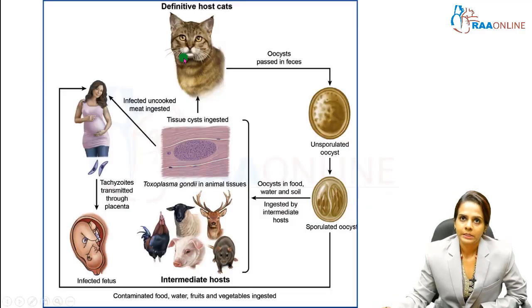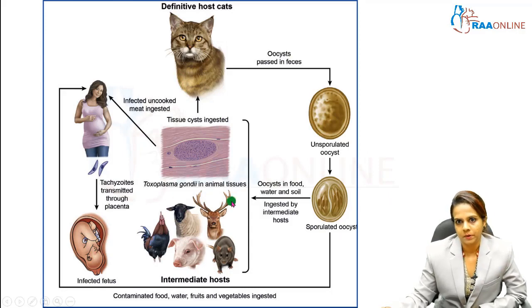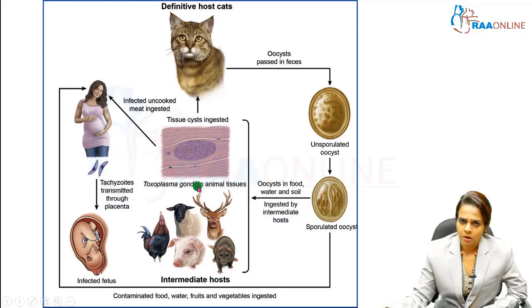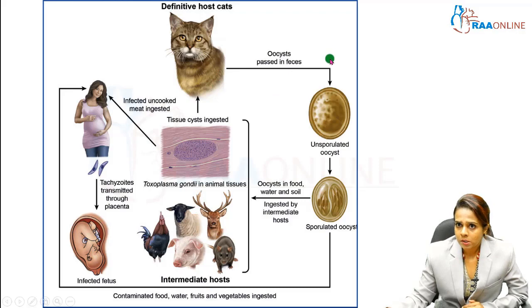Here is a picture showing the life cycle of Toxoplasma gondii. The cats are the definitive host, and man and mammals are the intermediate hosts. The oocysts are passed in the feces of the cat, and the unsporulated oocyst becomes a sporulated oocyst.